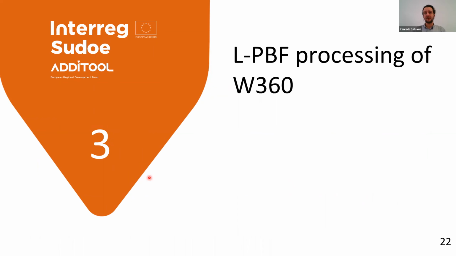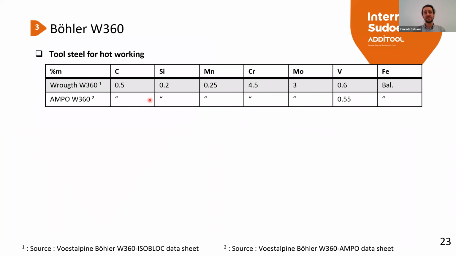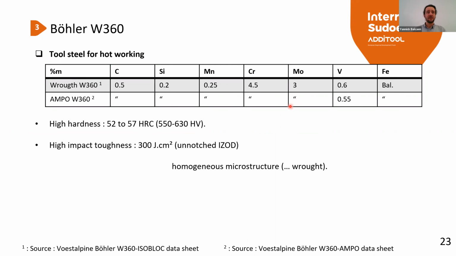So now we get back to a tool steel, W360, processed by LPBF for a very different application. So this alloy is W360, developed by Böhler, and has a quite high content of chromium and niobium.